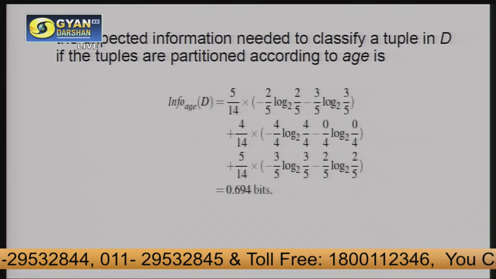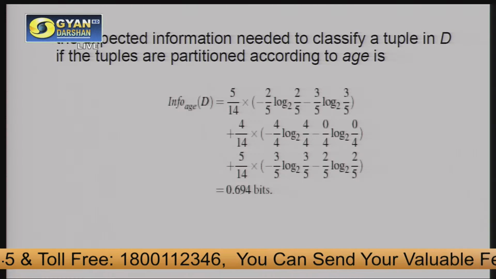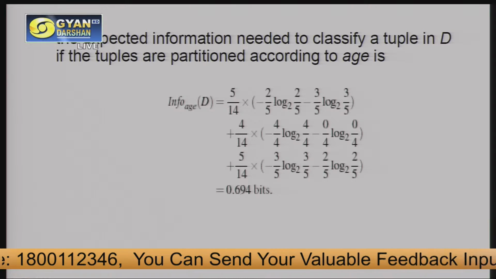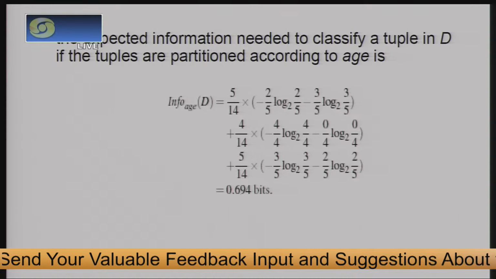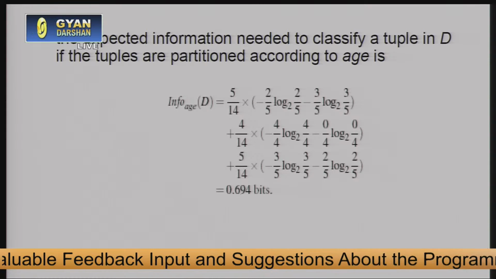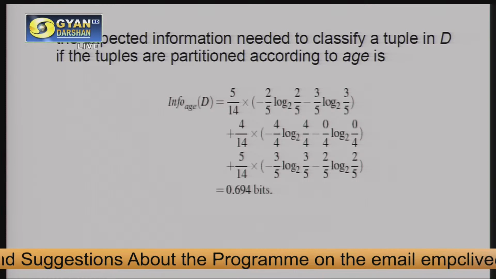And in the first 5 by 14 it is further categorized: we have 2 yes and 3 no. So you can see that 2 by 5 is the 2 tuples which belong to yes out of 5.